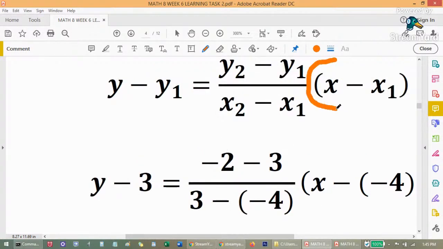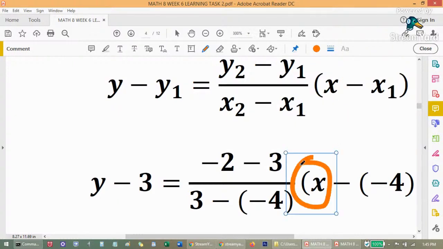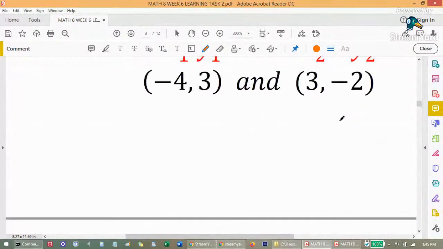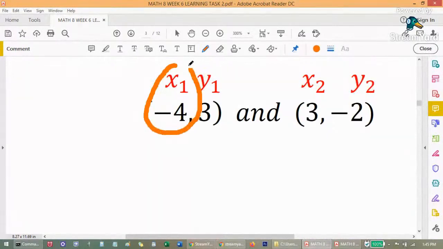And then, kukopyahin lang to, x minus, yan, kukopyahin lang to, x minus. Then, meron tayong x sub 1 dito. Ang ating x sub 1 is negative 4.